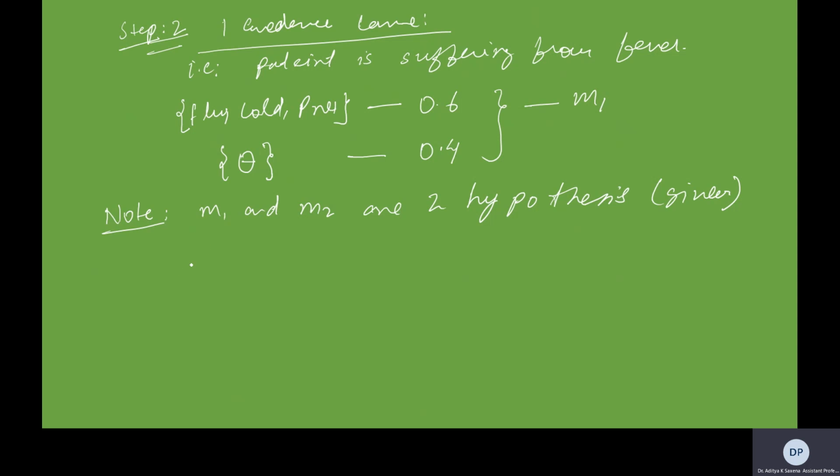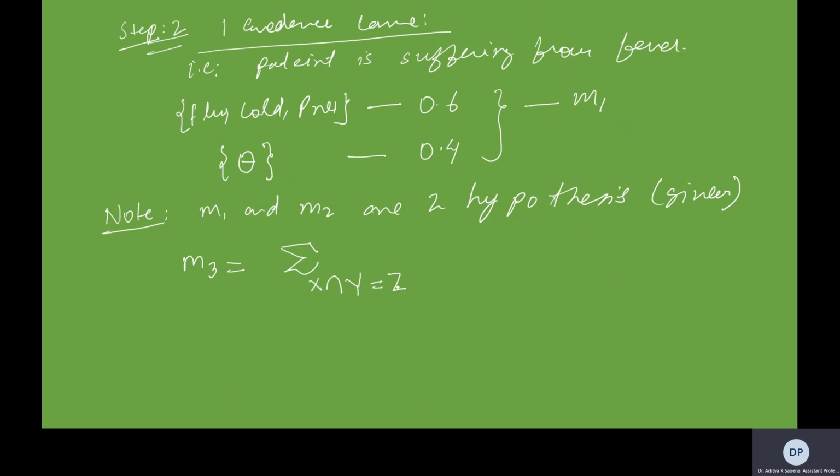You can make a further hypothesis M3 using M1 and M2. How? You can use this formula: M3 is equivalent to X intersection Y. We will explain the intersections right now.